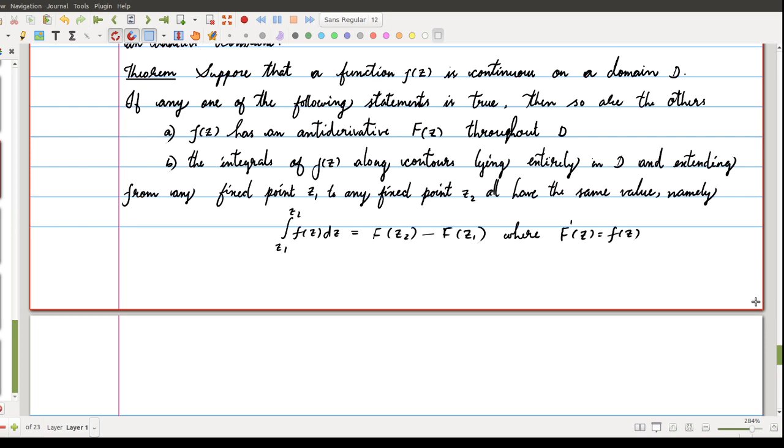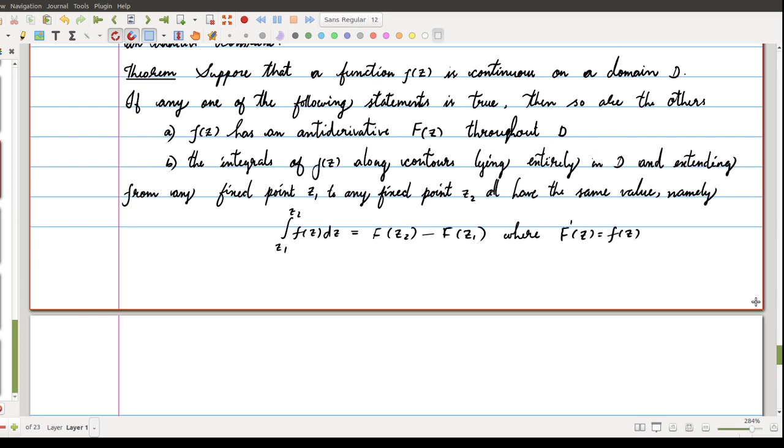This is the second statement, statement B. If A holds, that is, f of z has an antiderivative capital F of z throughout D, then the integrals of small f of z along contours lying entirely in D and extending from any fixed point z1 to a fixed point z2 all have the same value.